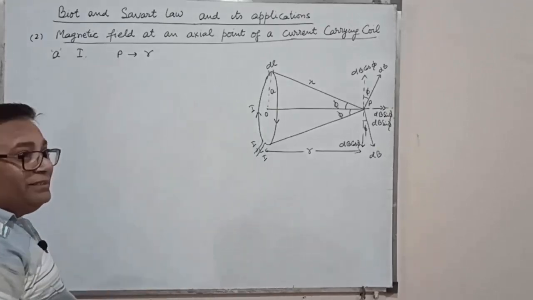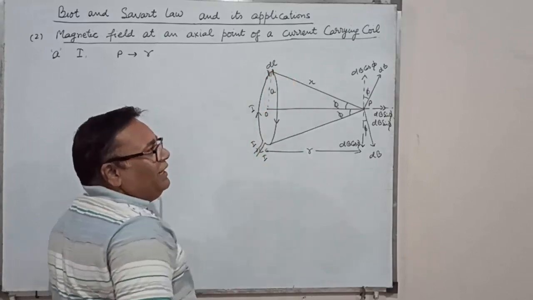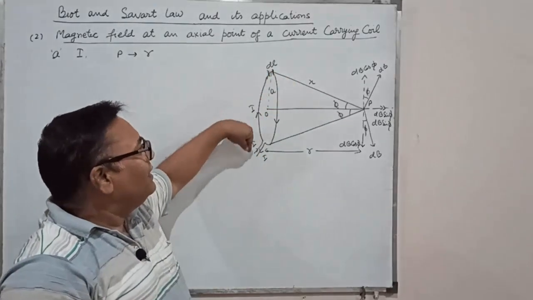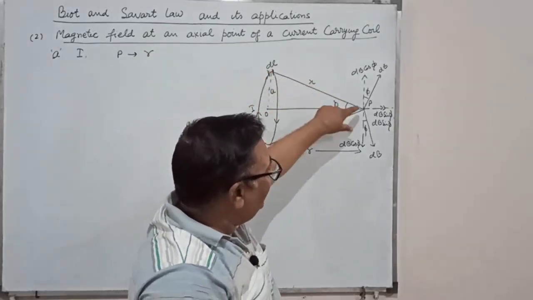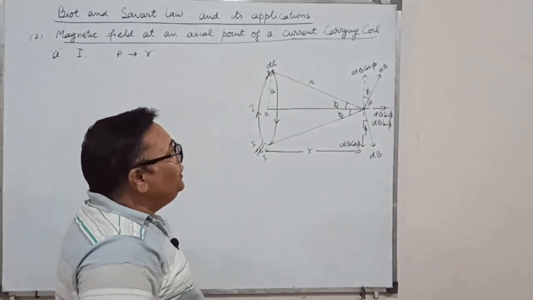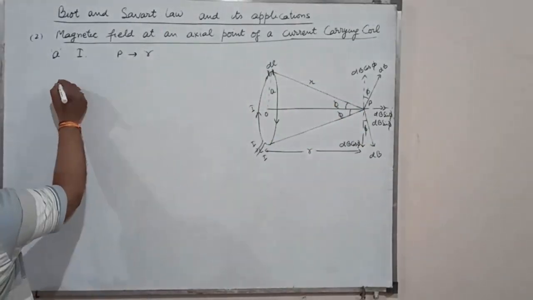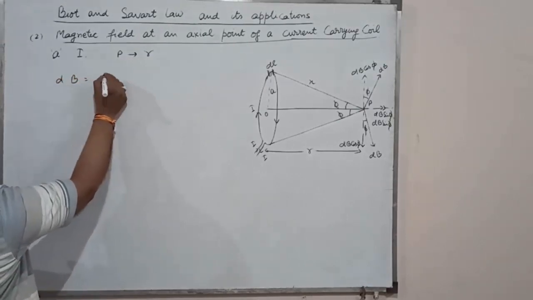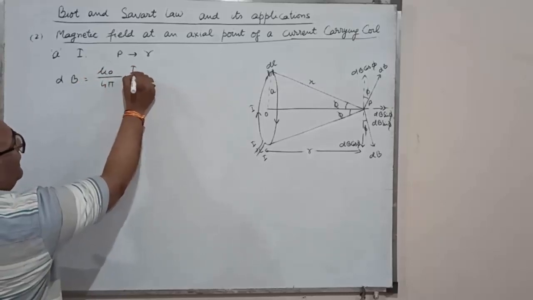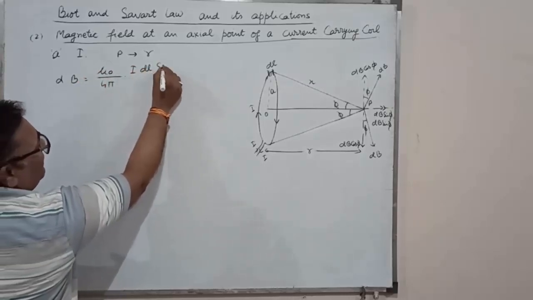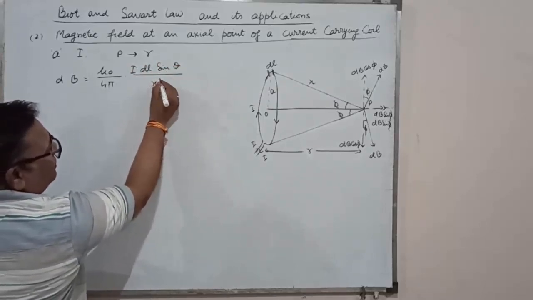Then by Biot and Savart's law, let us consider an infinitesimally small length dl on the circumference of the coil, and the magnetic field intensity at the point P due to the current element I dl, that is dB, is equal to mu 0 upon 4 pi I dl sin theta upon x square.